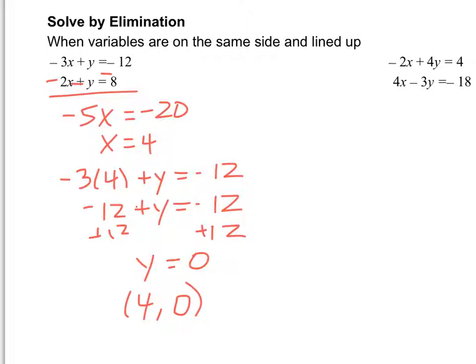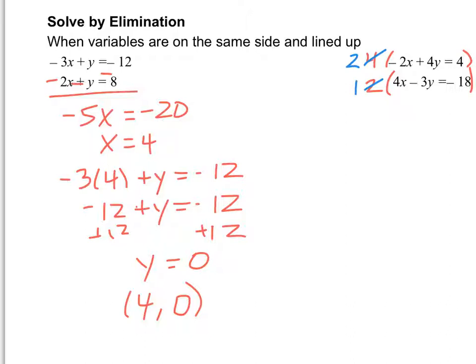Going to the right, I notice neither the x's nor the y's have the same coefficient. So that's where we're going to switch and simplify, then you got to multiply. So I have 2 and 4, so I'll switch that to be 4 and 2. I see if I can simplify it all. I can. Those are both divisible by 2, so I get 2 and 1.